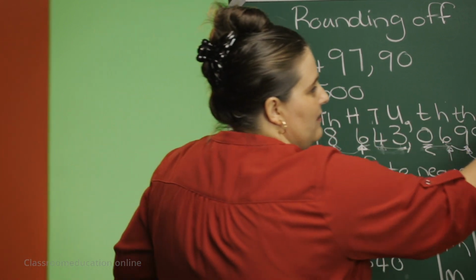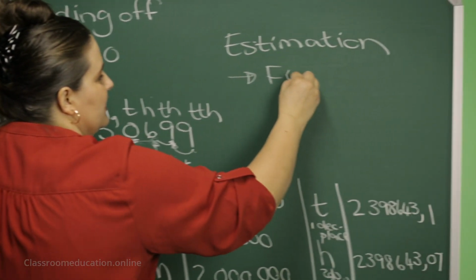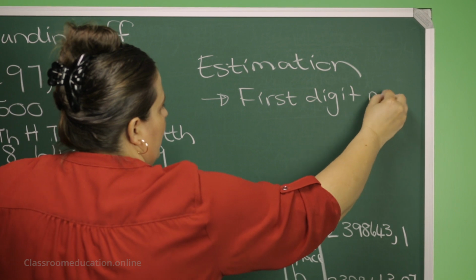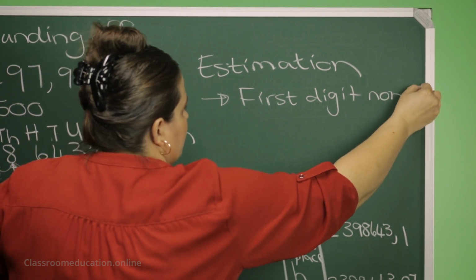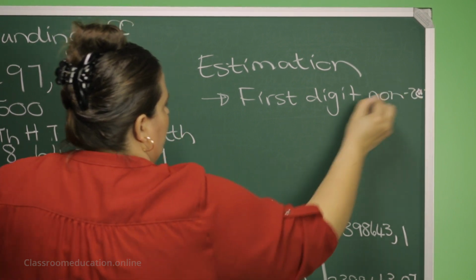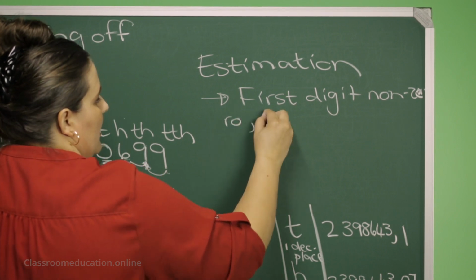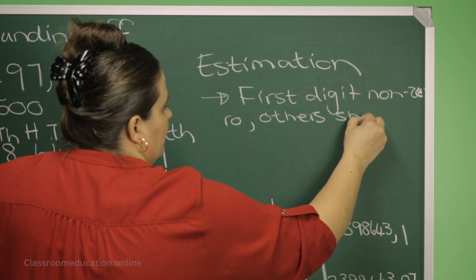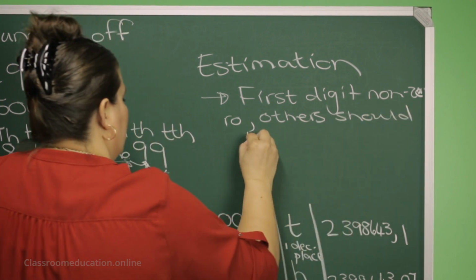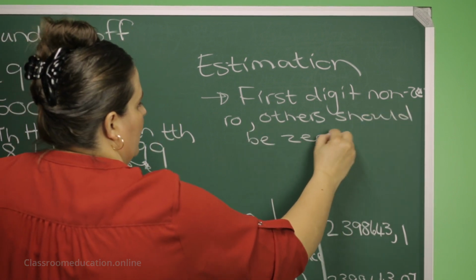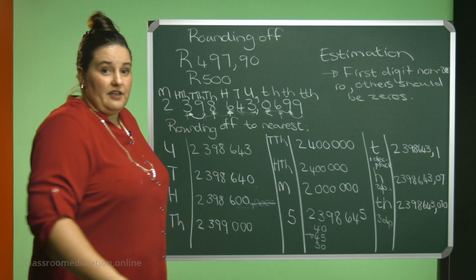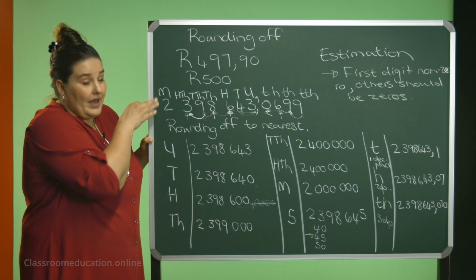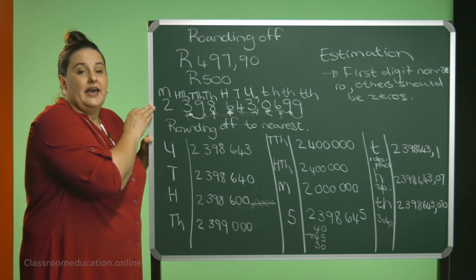So let's say estimation, the first digit a non-zero, others should be zeros.